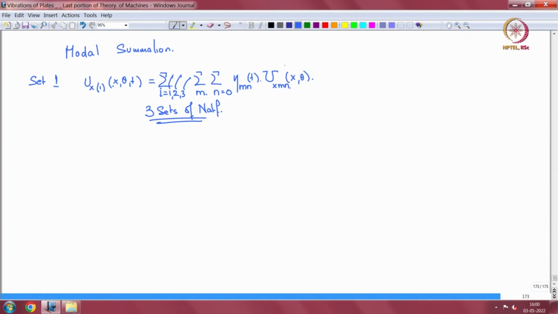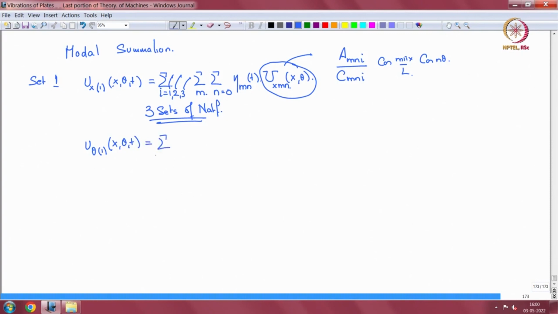So if I have to write this, I would write it as a_mn^i divided by c_mn^i, cos(m pi x / L) cos(n theta). Just this bit.